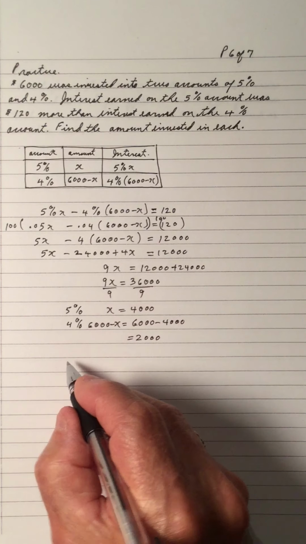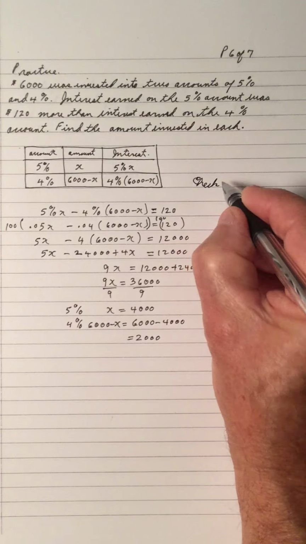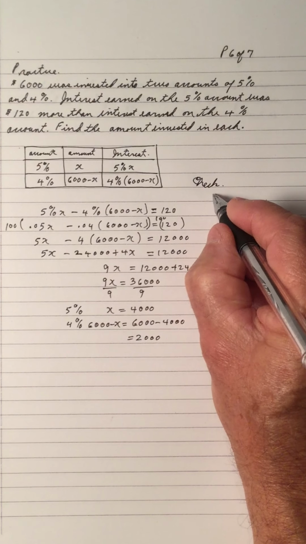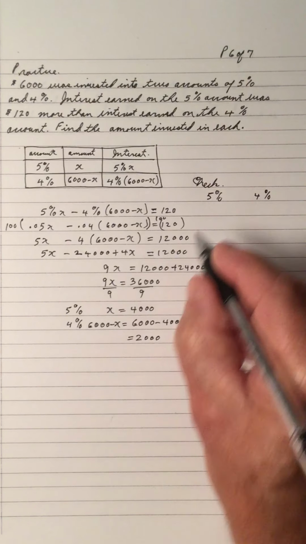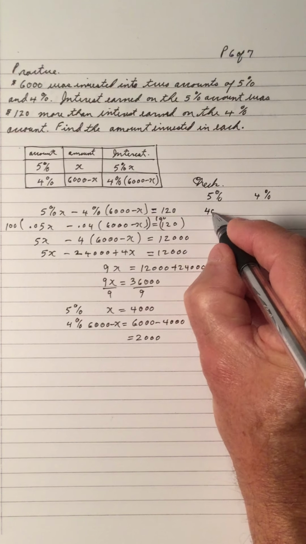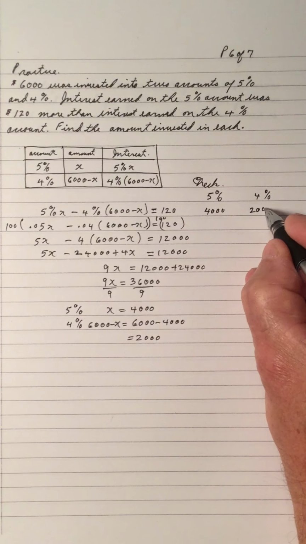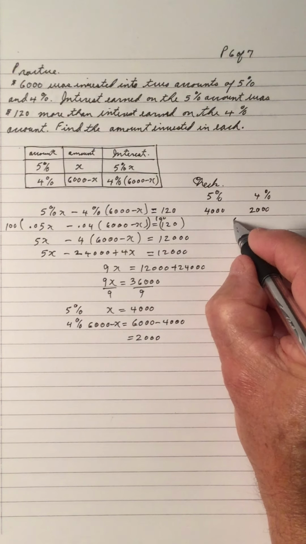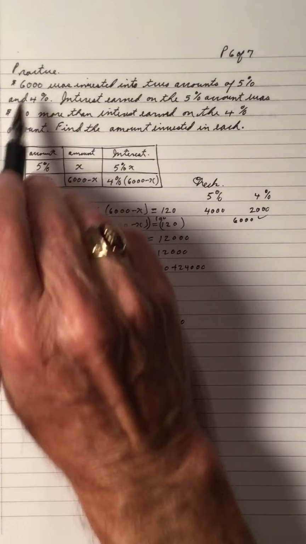And we have to check that out just to make sure. And that we got a 5% and we have a 4%. The 5% is $4,000. The 4% is $2,000. And they add up to 6,000. So that's the amount of money invested, 6,000.